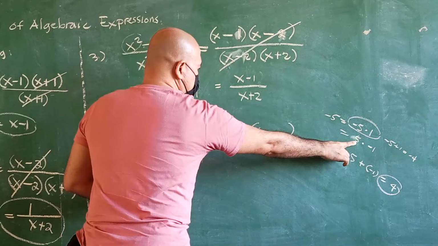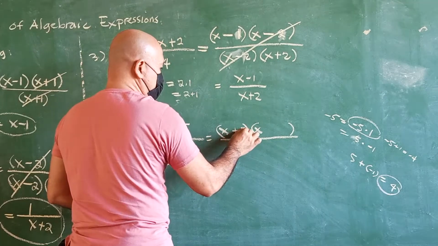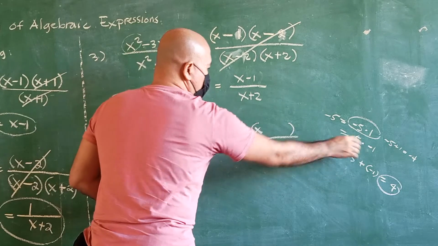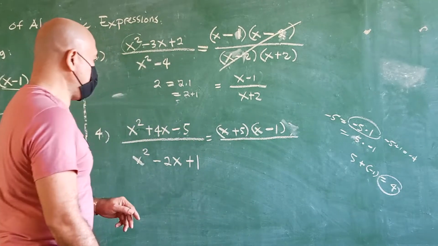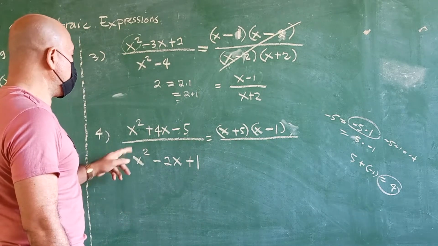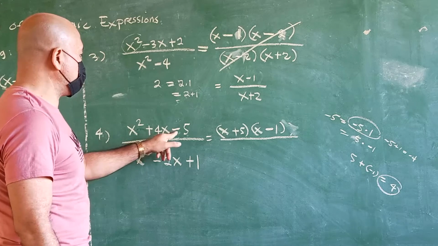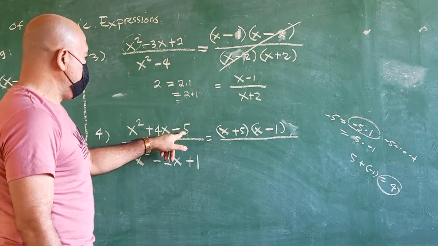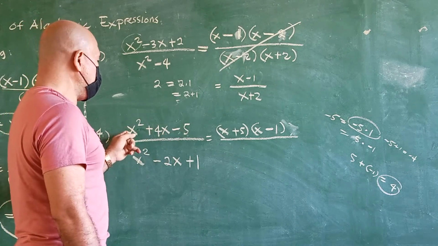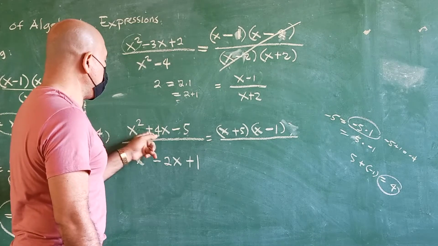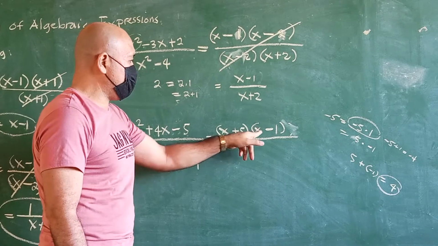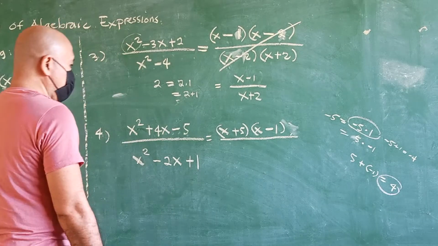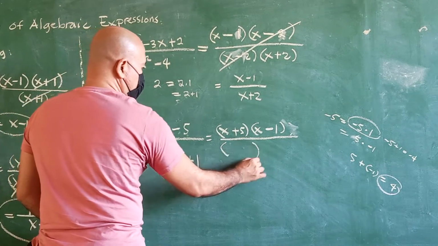For positive 5, automatically that is plus. For negative 1, automatically that is minus 1. So those are the factors of x squared plus 4x minus 5: x plus 5 and x minus 1. And proceed to the denominator.